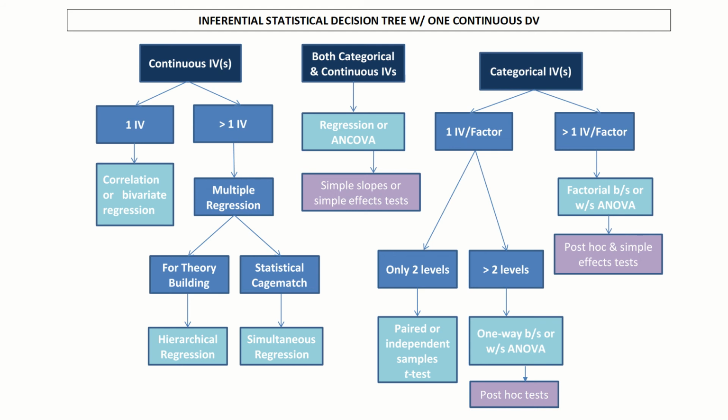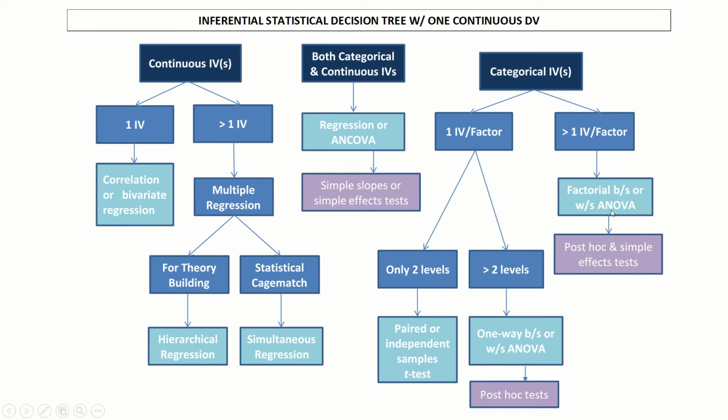And so we've been on the right side over here in this decision tree up to this point, where we've been working with categorical independent variables. We've gone over paired and independent sample t-tests, one-way between subjects and within subjects ANOVA. We've gone over factorial ANOVA, two-way between subjects ANOVA.